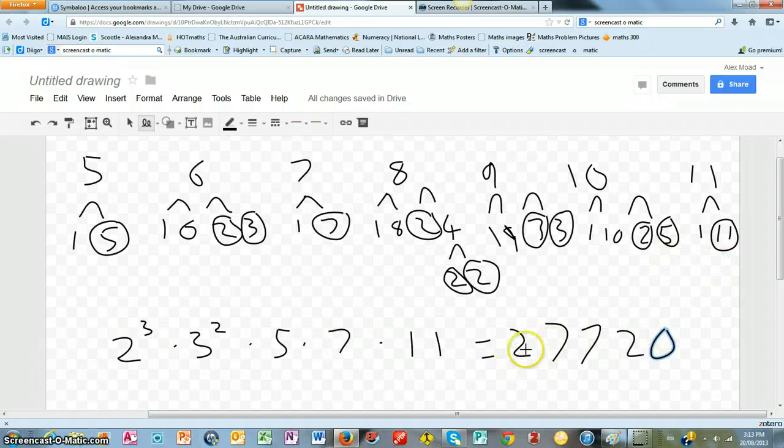So for example, 27,720 divided by 11 comes to 2,520 on my calculator, an even number. With all of those, did the same thing, so that's how I've come up with my answer.